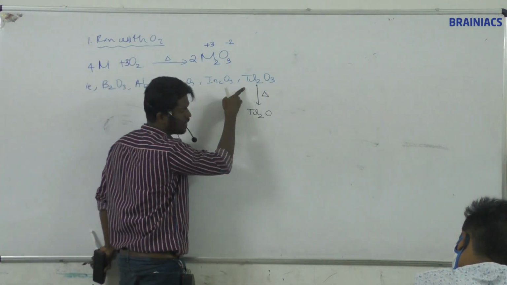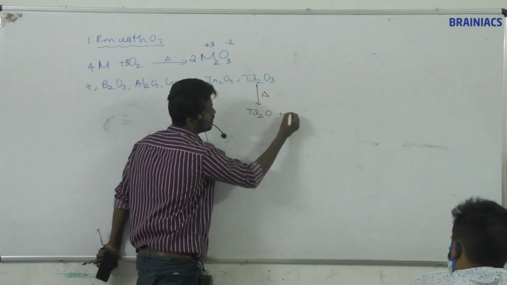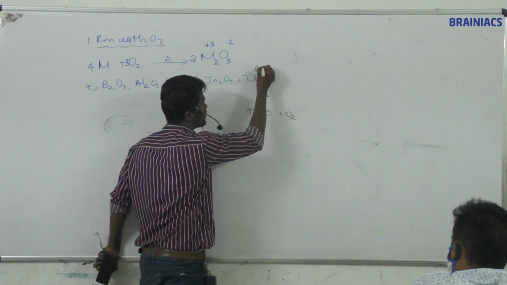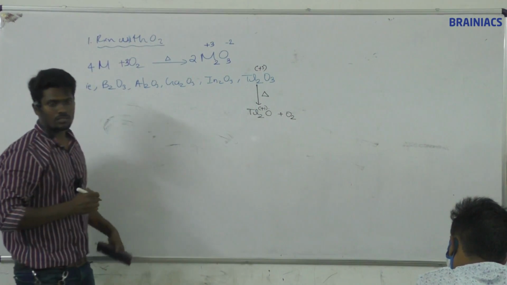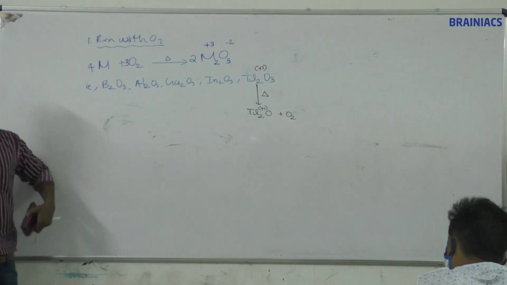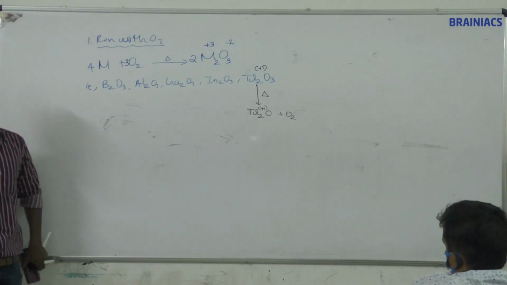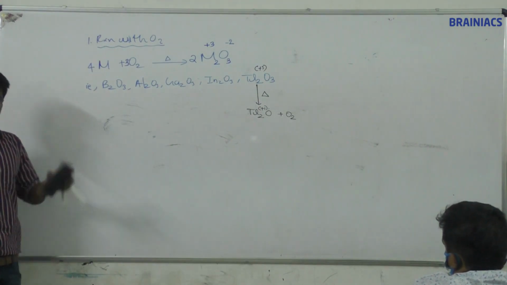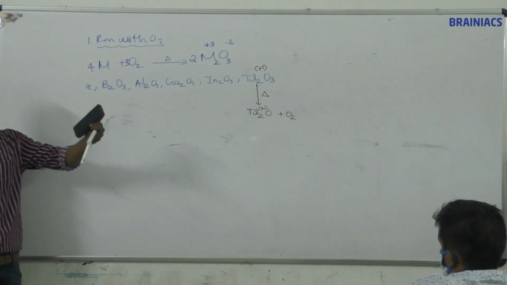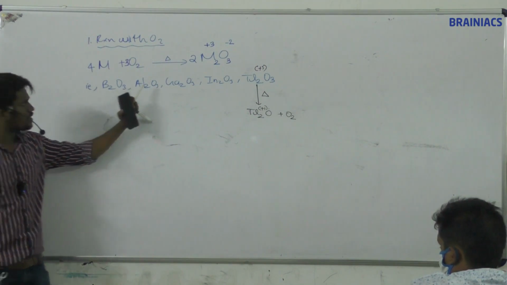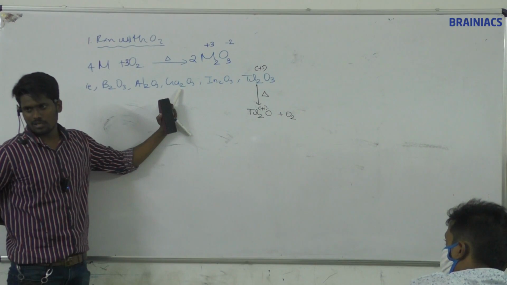But after forming Tl2O3, it readily decomposes to give Tl2O and O2, since it goes from +3 to +1. So it undergoes reduction. Tl2O3 is an oxidizing agent. So thallium +3 compounds act as good oxidizing agents, and here the +1 compounds act as good reducing agents.